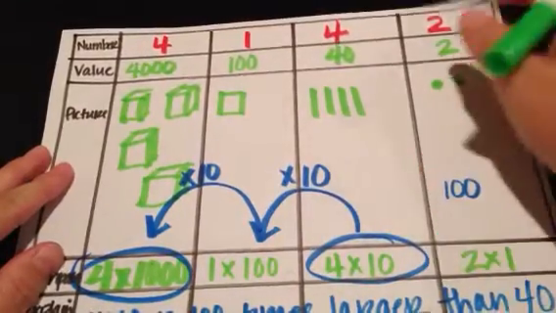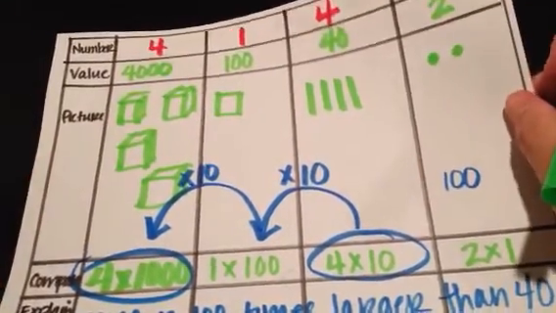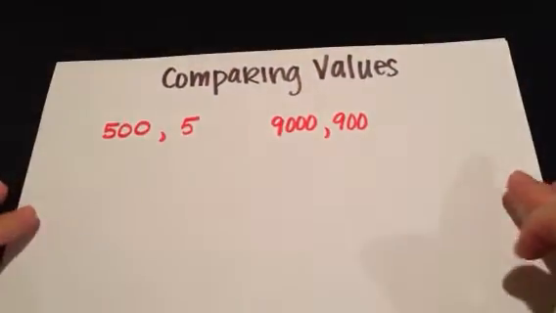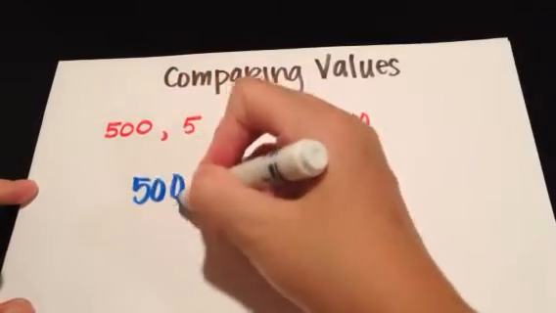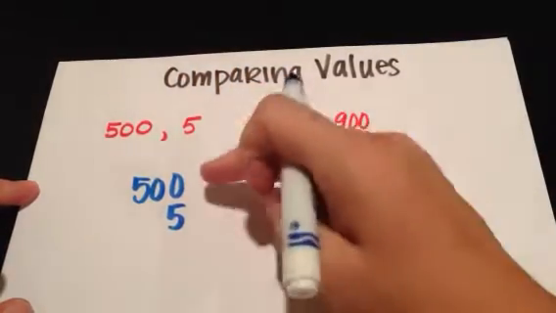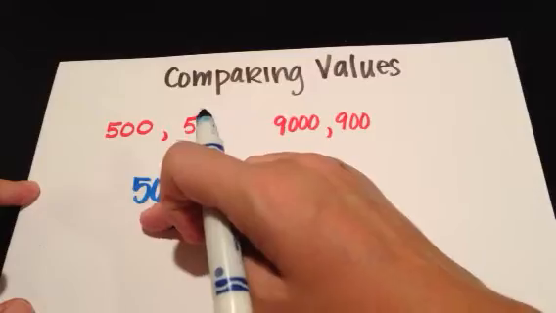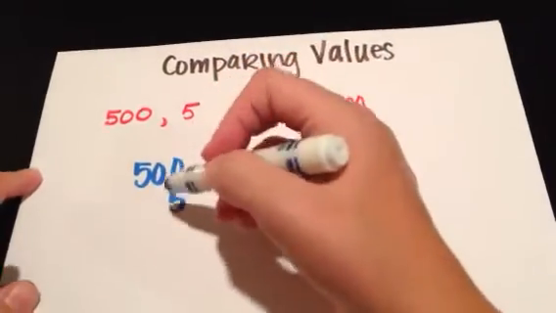And the idea behind this chart is to begin to help students compare numbers in other ways. For example, if I wanted students to compare the 500 and the 5, the way that I asked students to do this in class is we had them line up the numbers. And we can see that the 5 in the ones place is 2 jumps away.